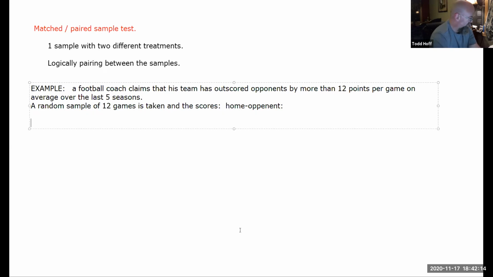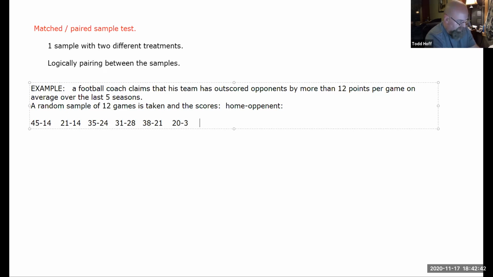So here are those scores. First game, 45-14. Second game was a win, 21-14. Third game was a win, 35-24. Fourth game was a win, 31-28. Next game was a win, 38-21. Next game was a win, 20-3.